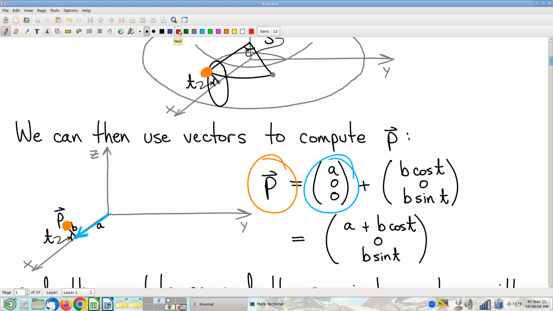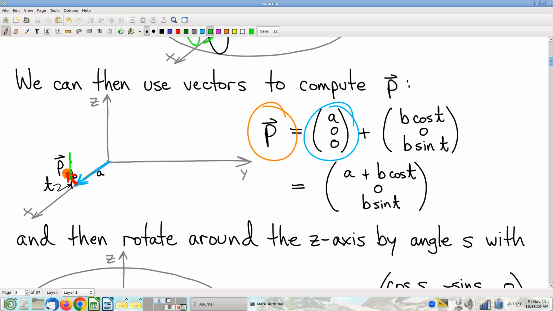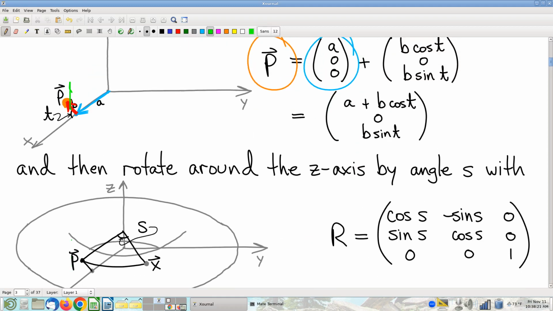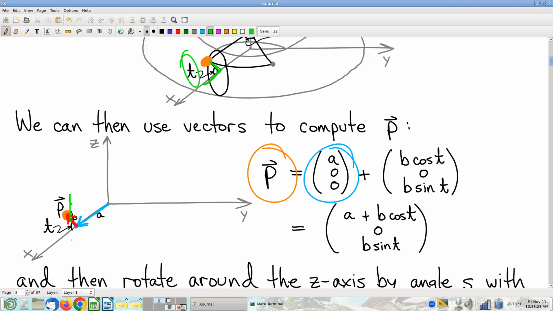Now here's where it's a little trickier. I need to add this vector, and that's not constant. That vector is clearly going to depend on our angle T, and it depends on that angle T like so.